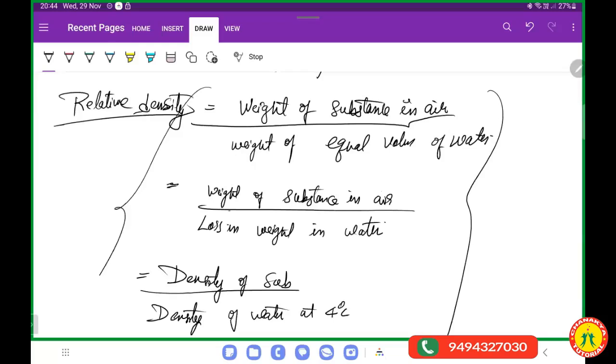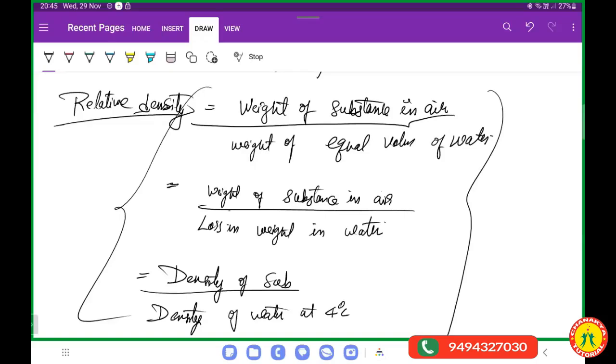These are three relations. Make a note of these three relations.